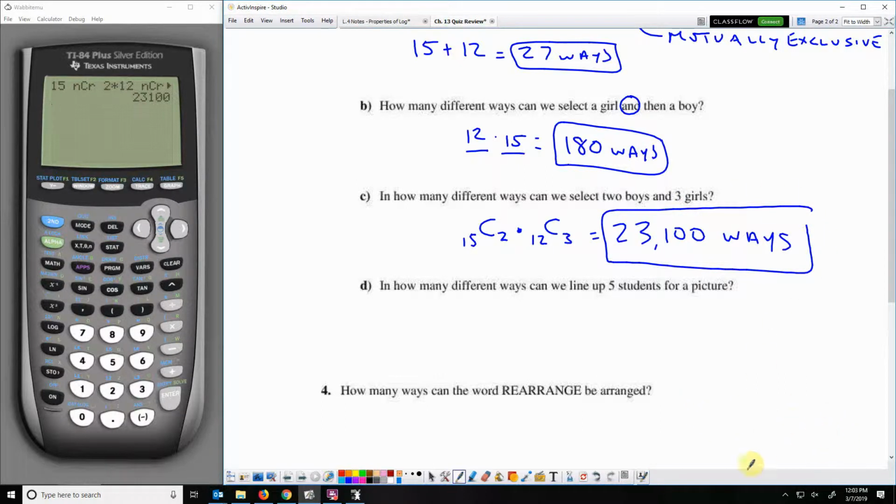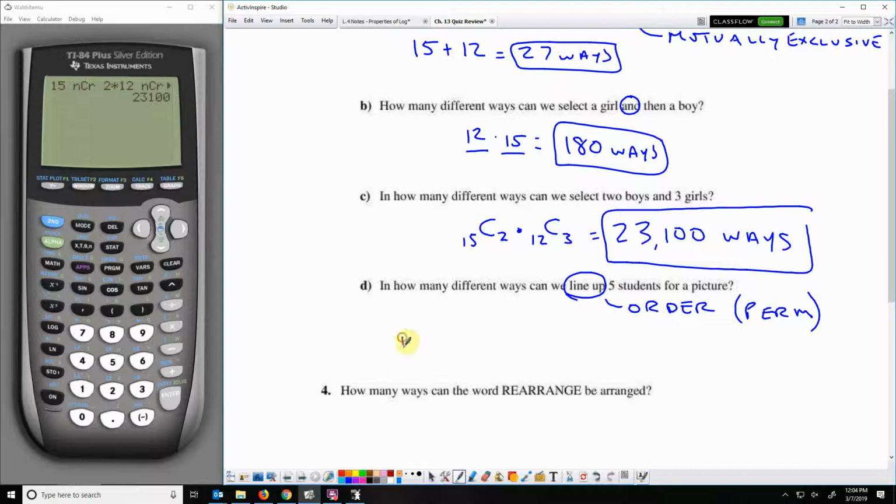How many different ways can we line up 5 students for a picture? Okay, so the same group of students, we're going to line up. Line up means order matters, which means you're going to use a permutation.